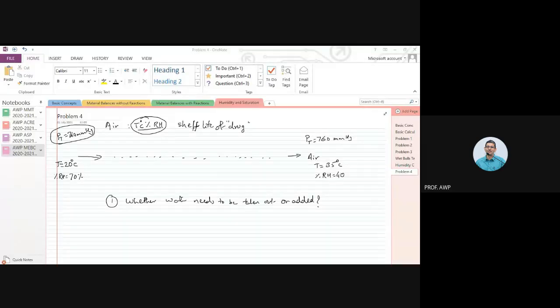Okay, use the humidity chart. We can do it using the low temperature chart. Let's just change the humidity of that incoming air a little bit. Let's not take this 70% RH.